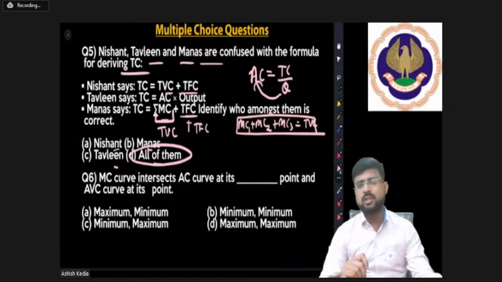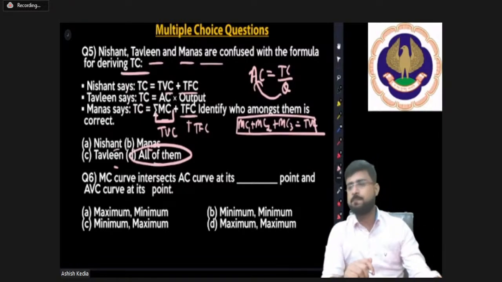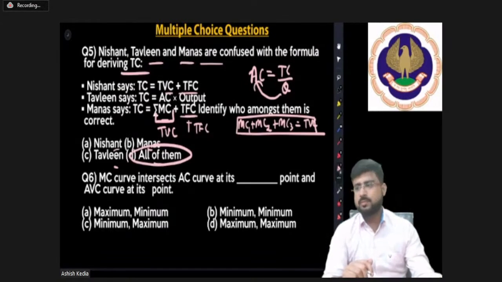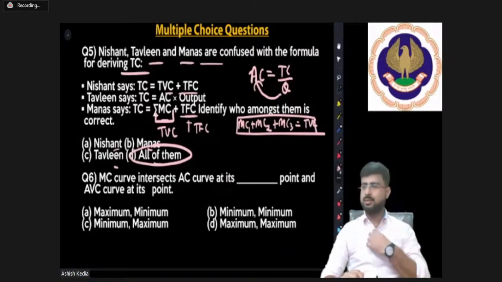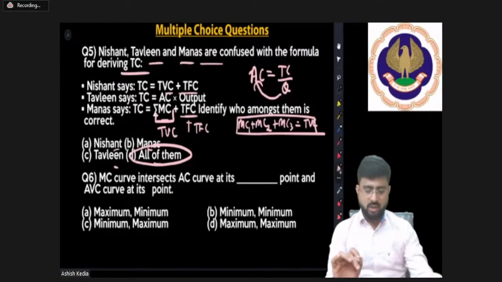You have to write it down in the chat box before I can start teaching anything else. Yes, fantastic. So yes, you all are correct that sum total of marginal cost is total variable cost.